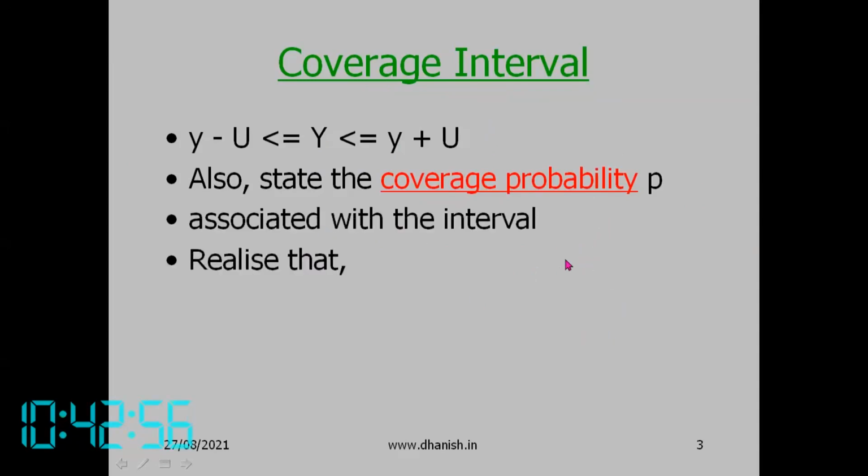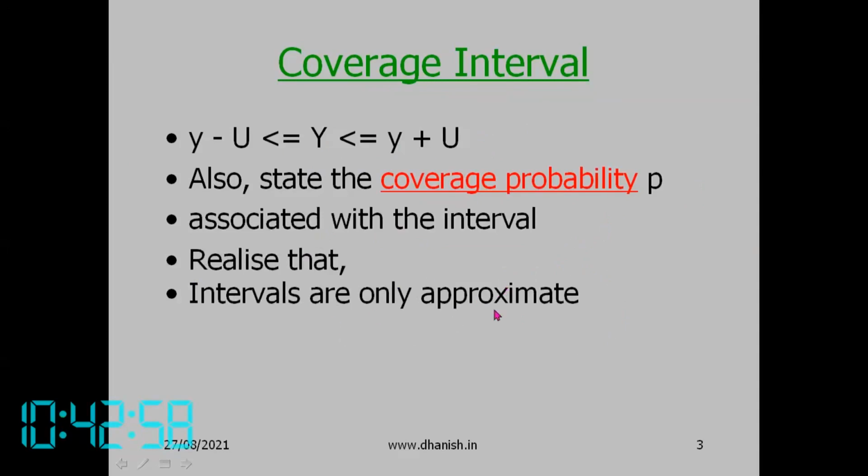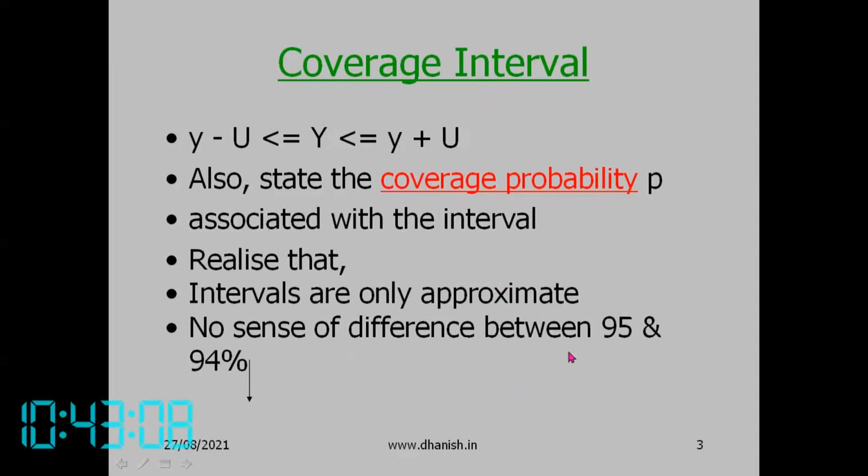associated with the interval. So realize that intervals are only approximate. So this is all an estimation. Measurement uncertainty is never an exact computation. It is always an estimation. So you don't have to differentiate between 95% and 94% confidence. Practically they are all the same.